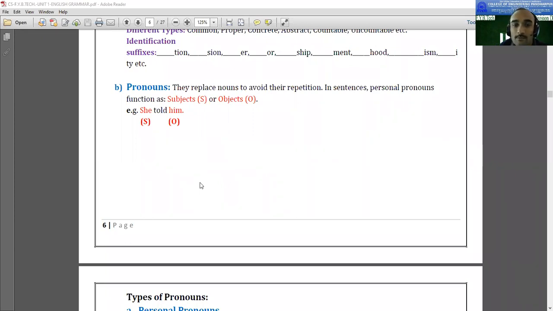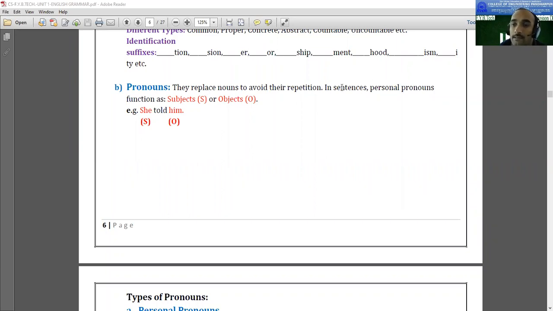We use pronouns instead of nouns to avoid unnecessary repetition.